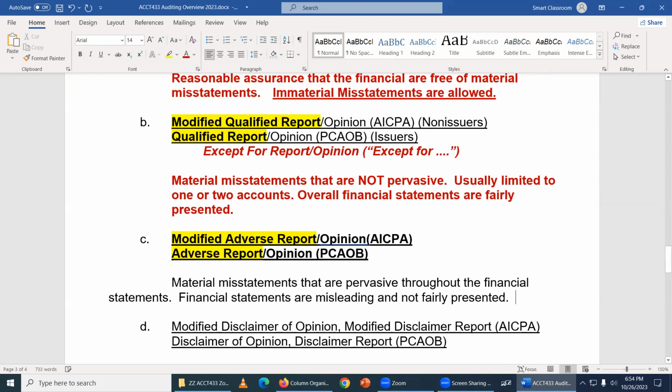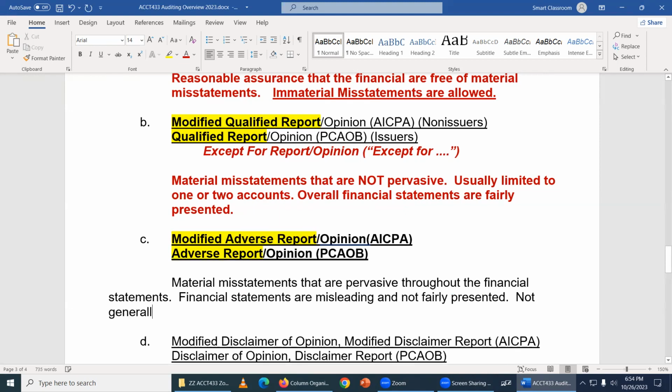And even further, they're not GAAP, not generally accepted accounting principles. So not GAAP.